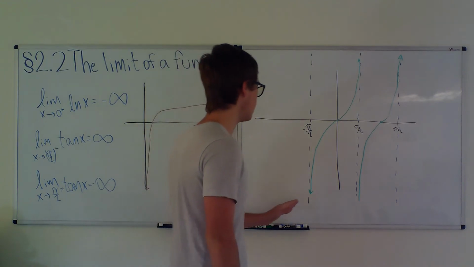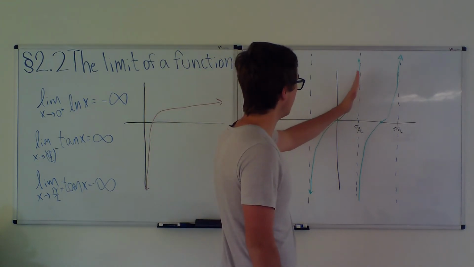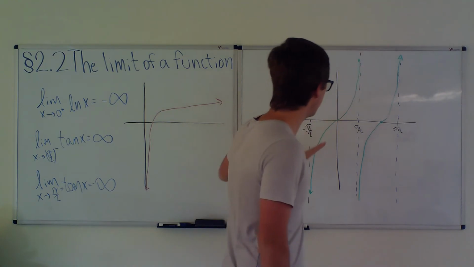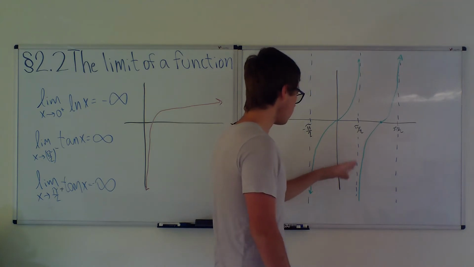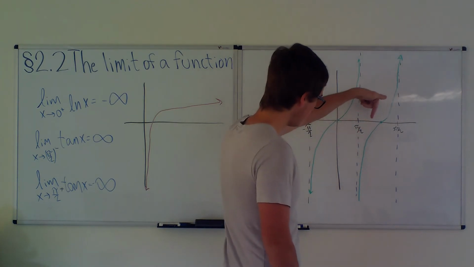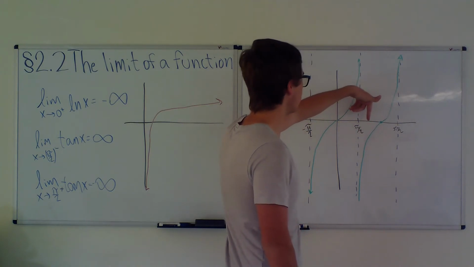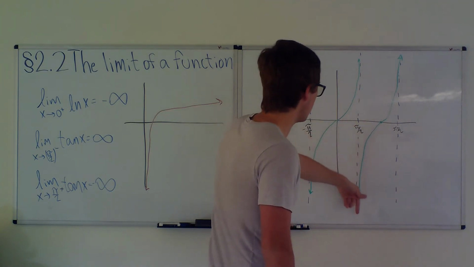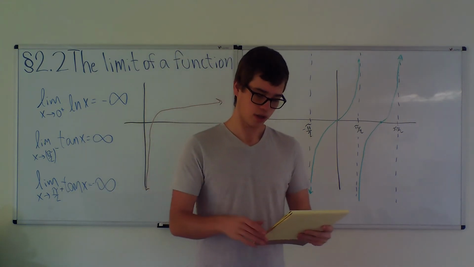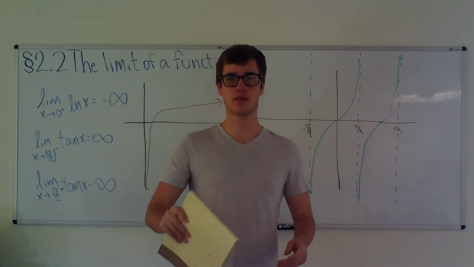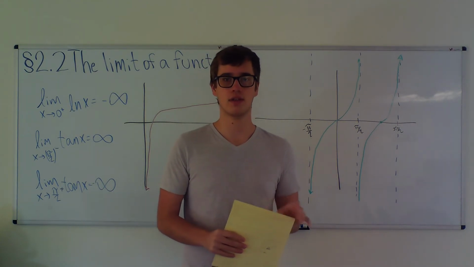We can see as it approaches the left side of pi over 2, it'll go up to infinity, while on the other side of the graph, as it approaches pi over 2 from the right, it'll approach negative infinity. That's all for the lecture portion, and we're going to transition to some of the questions.